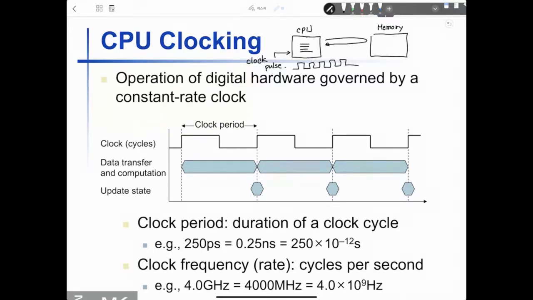Let's say this is 0, a low voltage, and this is a high voltage, which is used for the 1.